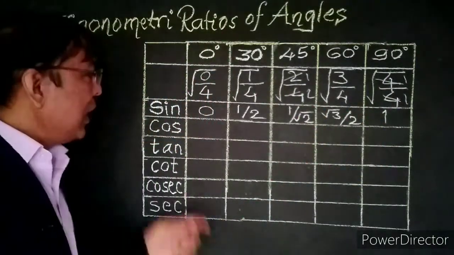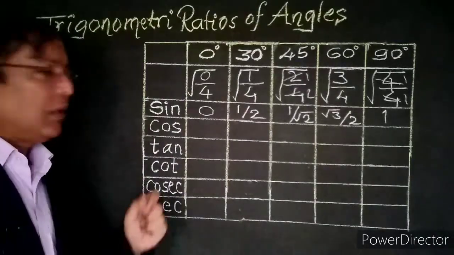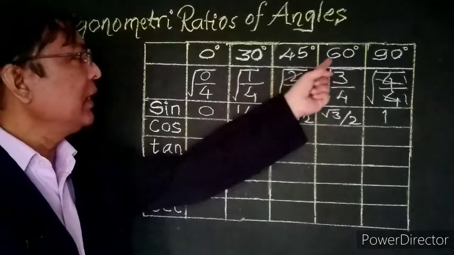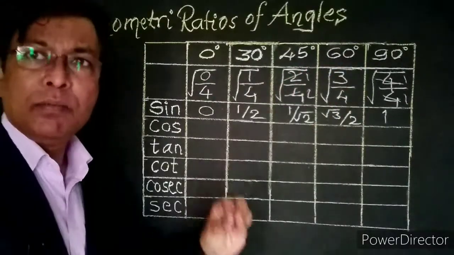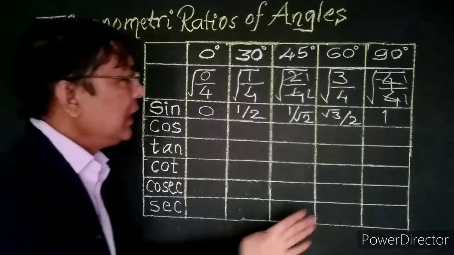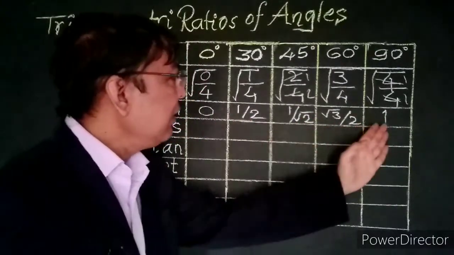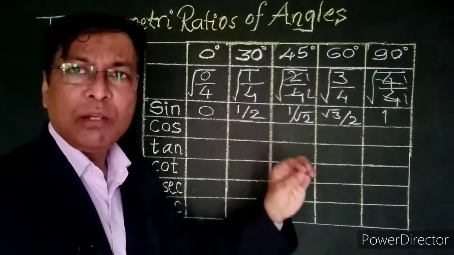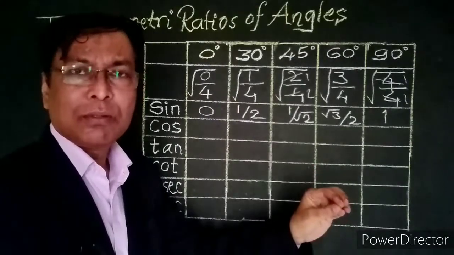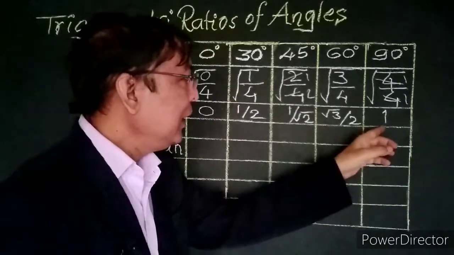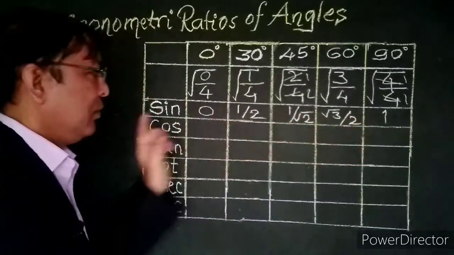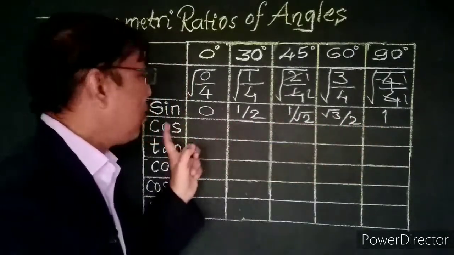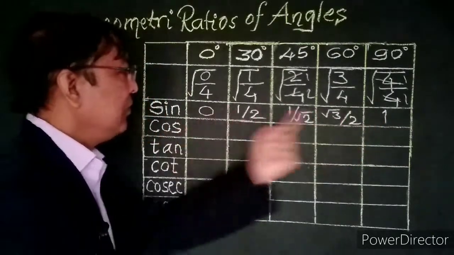Now, we are going to find the values of cos 0, 30, 45 degree, 60 degree and 90 degree just by simply writing these values in a reverse manner. We are going to write the values for cos simply reversing these values.